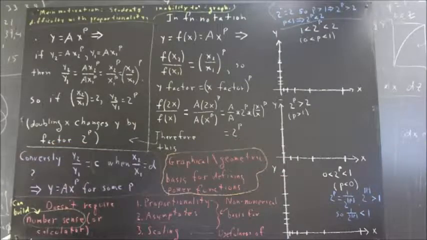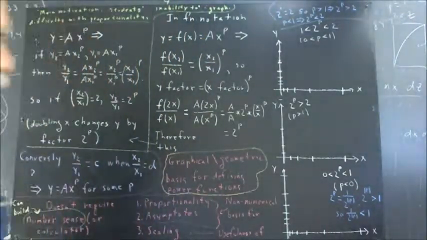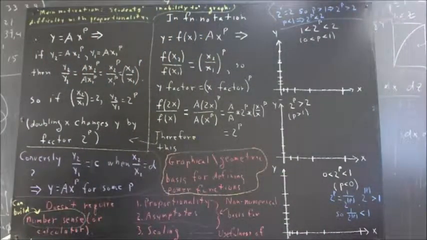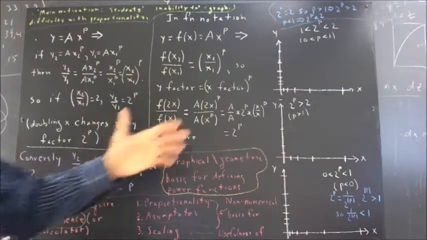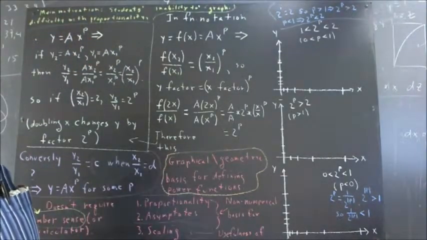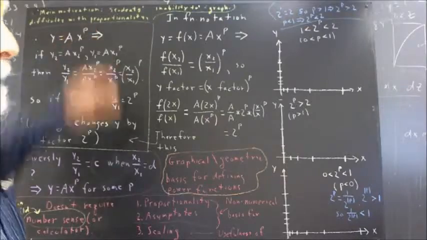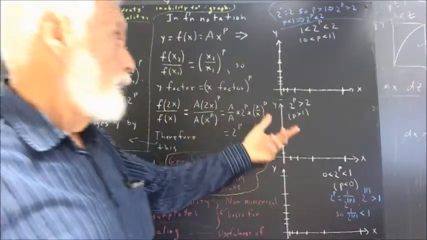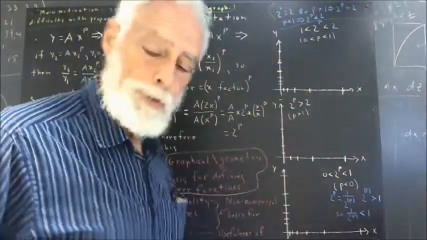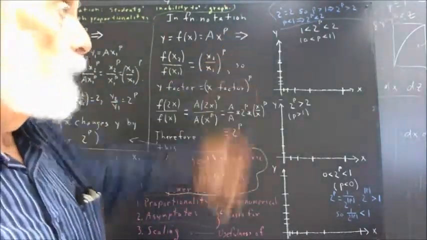Now we can immediately begin constructing graphs of power functions, and doing this without any need to put values on our x coordinates. In other words, we're going to obtain a general graph for the x to the p power function, which can then be labeled to fit any situation we might encounter where we are using a power function.